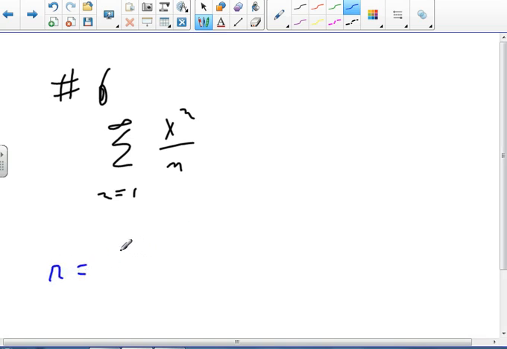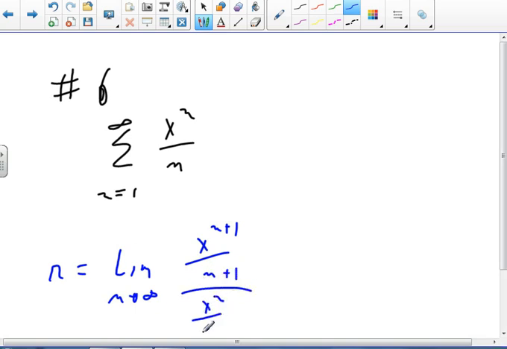I'm going to look at the limit as n goes to infinity of x to the n plus 1 over n plus 1 divided by x to the n over n. I invert and multiply, so I got x times n divided by n plus 1.